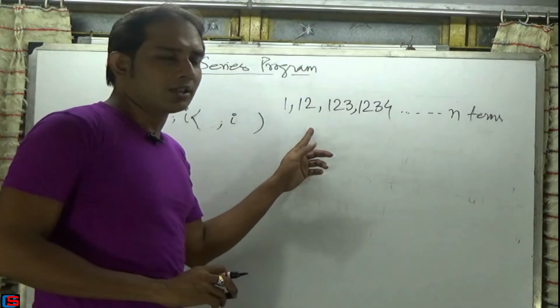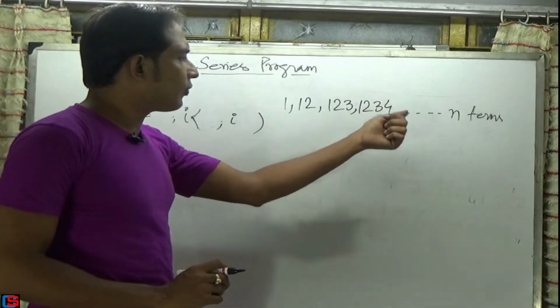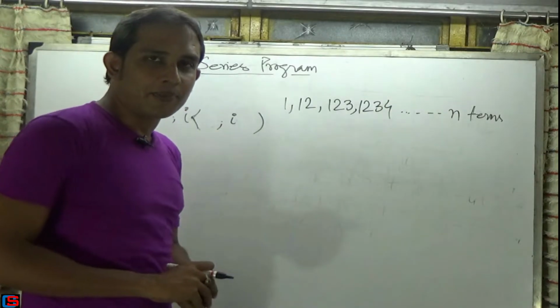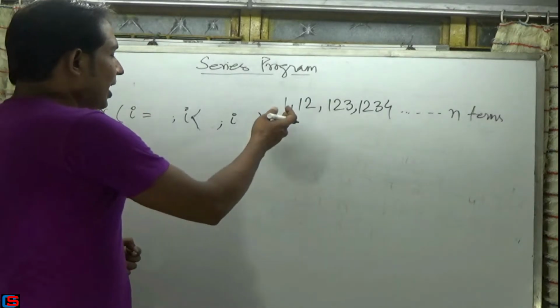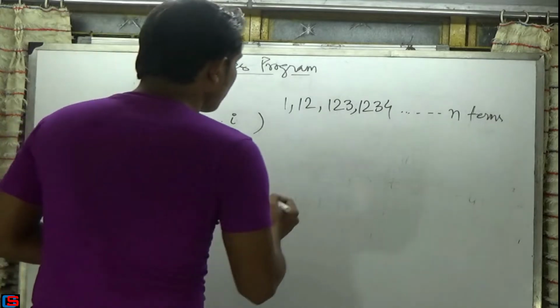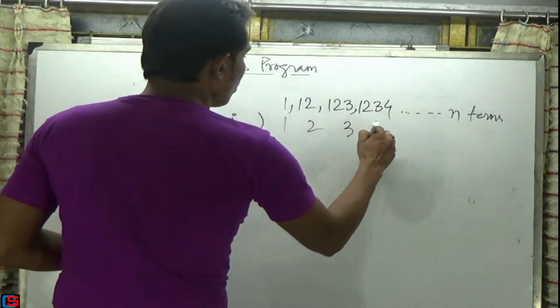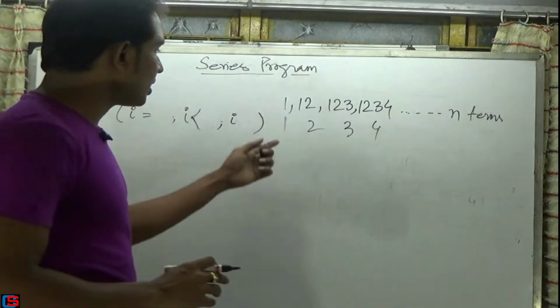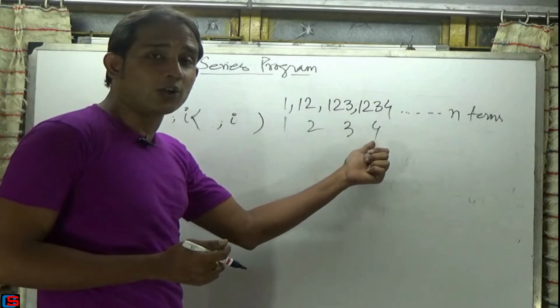Now in this series program, you can see 1, 12, 123, 1234 and so on up to n terms, so the final value is n. What is the initial value? I write the position of the individual numbers, 1, 2, 3, 4 as in the previous tricks, but we cannot generate this series from the position value.